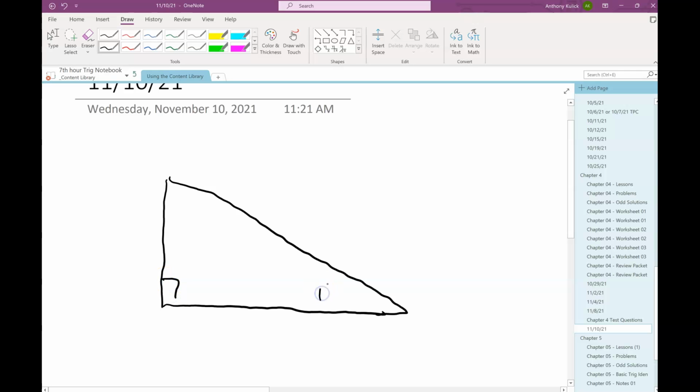All right. Okay, so solving a right triangle example.